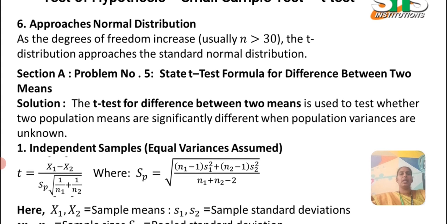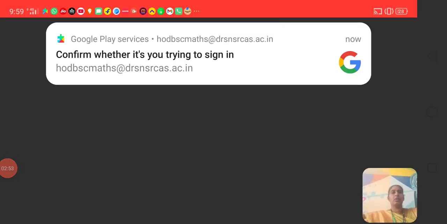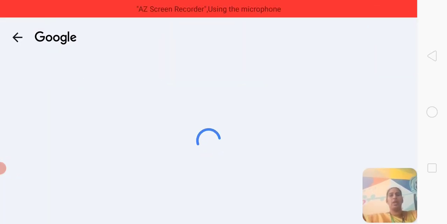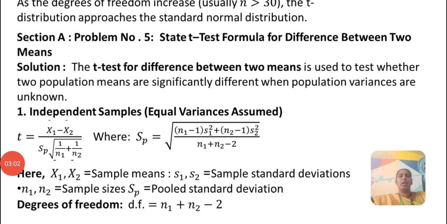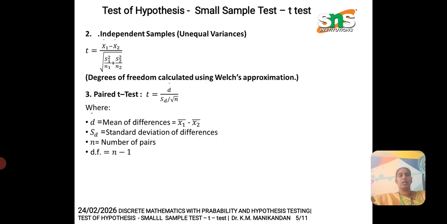For the independent sample test, t is equal to x1 bar minus x2 bar divided by sp times root of 1 by n1 plus 1 by n2, where sp is the pooled standard deviation. Here x1 bar, x2 bar are the sample means, s1, s2 are the sample standard deviations, and n1, n2 are the sample sizes. The degrees of freedom is n1 plus n2 minus 2.